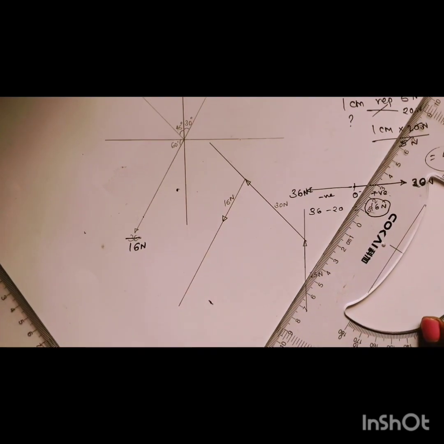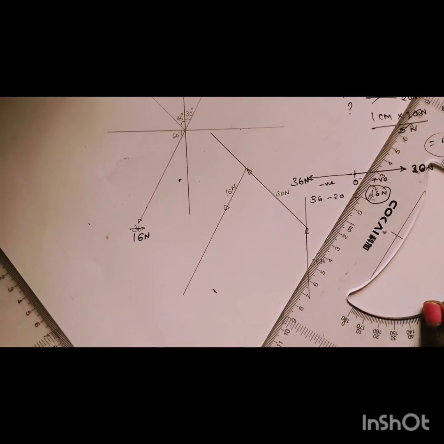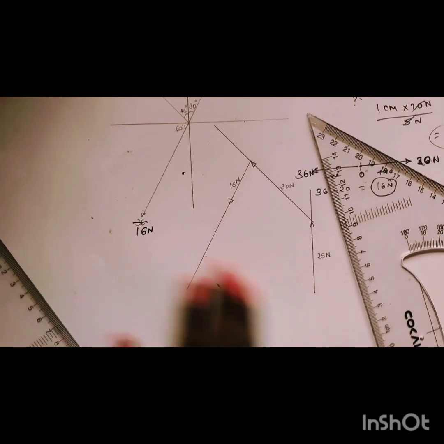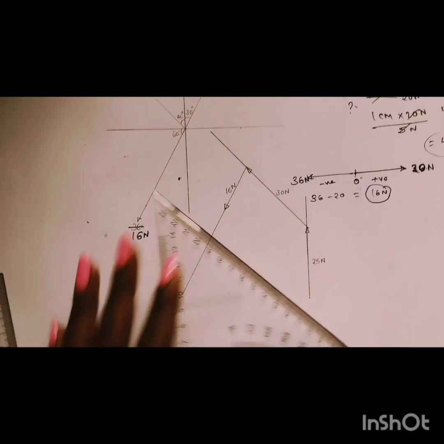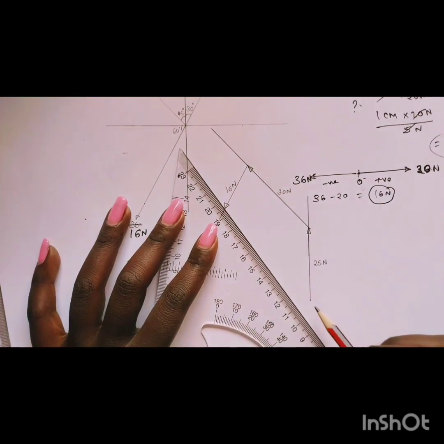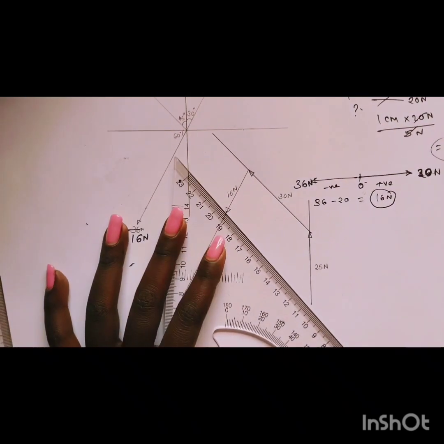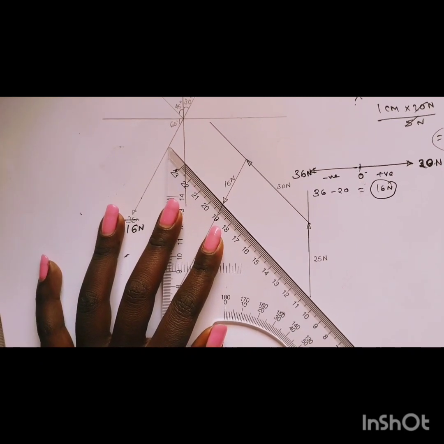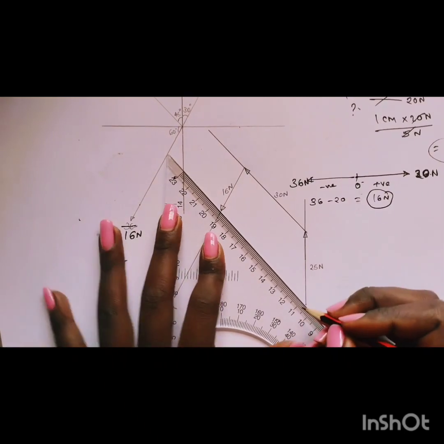Remember, we were told to find the resultant. Now the closing side, we're going to draw from the nose of this vector to the tail of the first vector. So this would be our resultant. Put it in dotted.